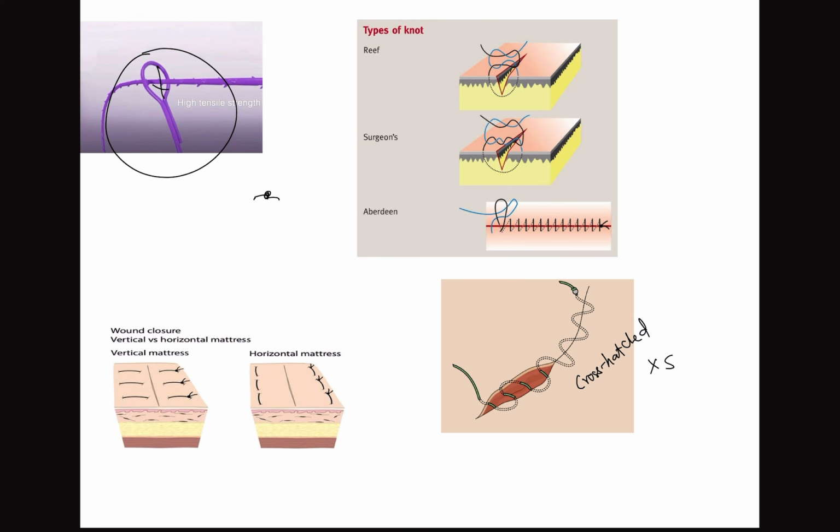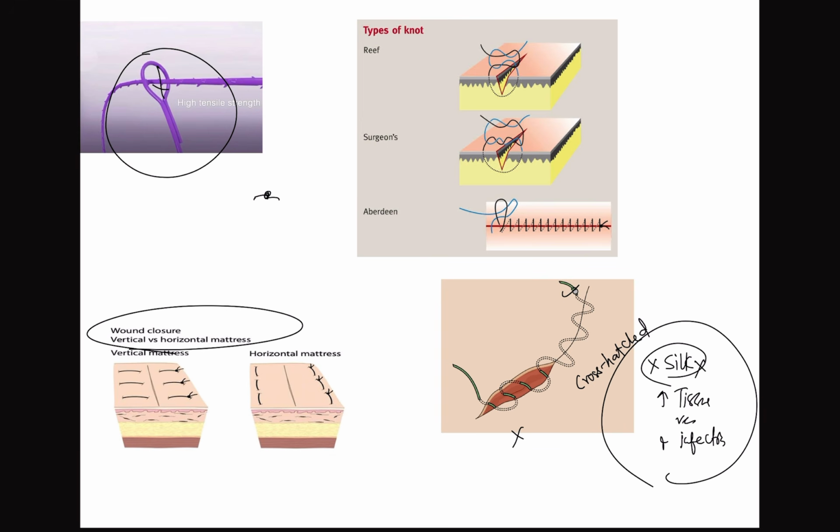But we will not use silk for this, because silk has increased risk of tissue reaction and increased risk of infection. That's the reason for any cosmetic surgery, that too for subcuticular suturing, we will never use silk. Any degradable or non-degradable suture can be used, but silk cannot be used for subcuticular suturing. This is about subcuticular suture.